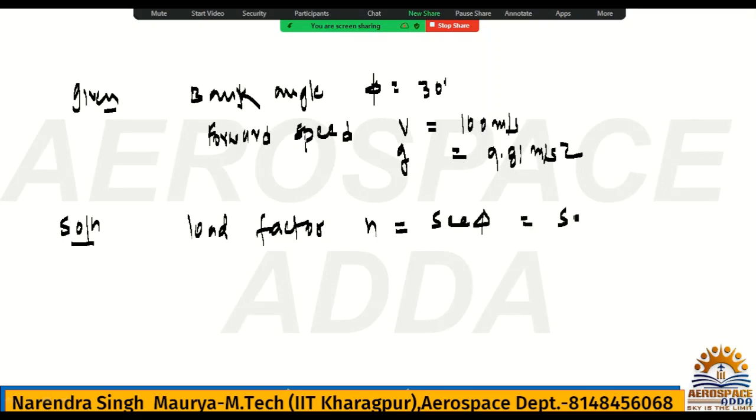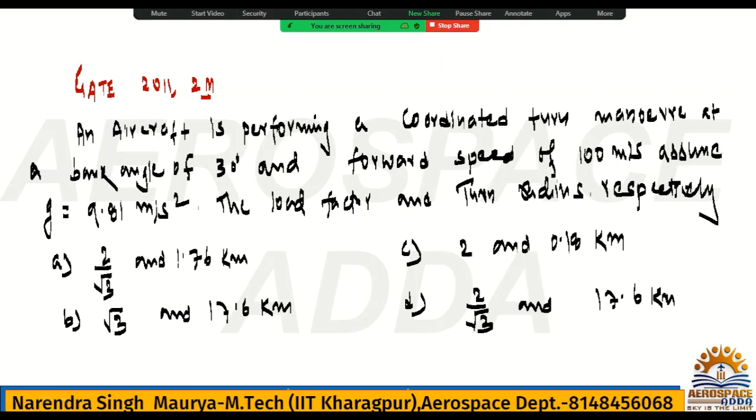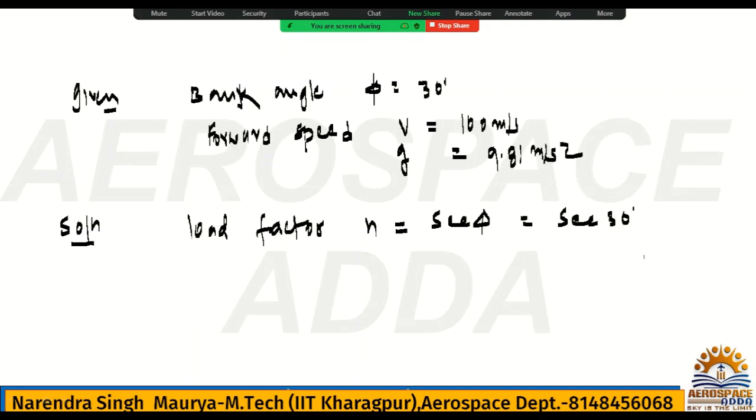Sec phi with 30 degree. Check the answer options, they have given values like 2 by root 3. So sec phi is the reciprocal of cos phi, means cos 30. So n is equal to 1 upon cos 30.